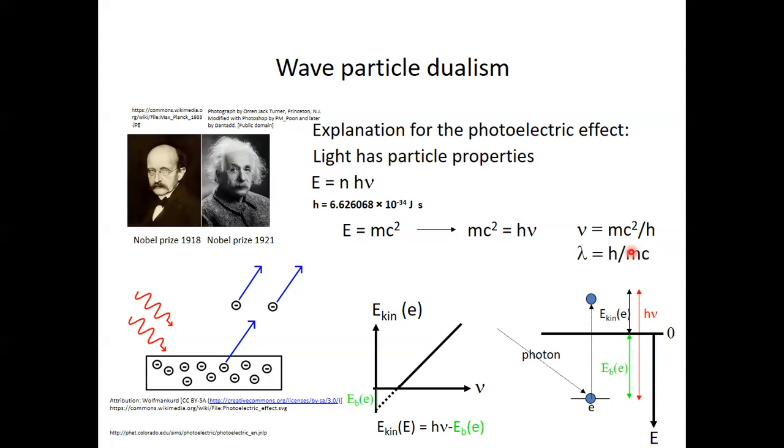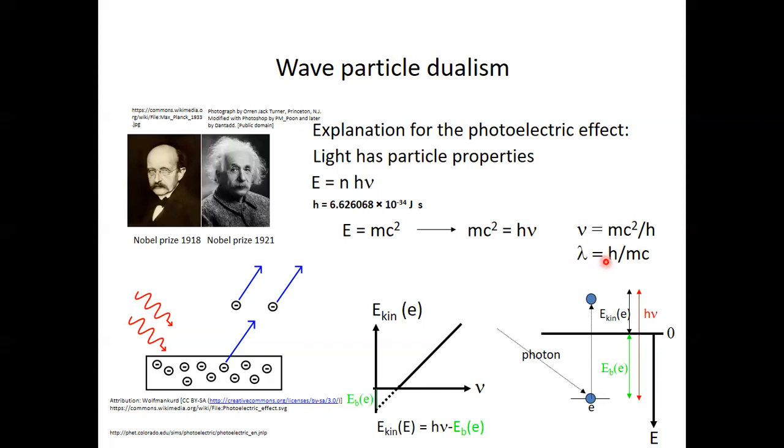Basically, the longer the wavelength, the smaller the mass of the particle, and the larger the mass of the particle, the smaller the wavelength of the electromagnetic waves.